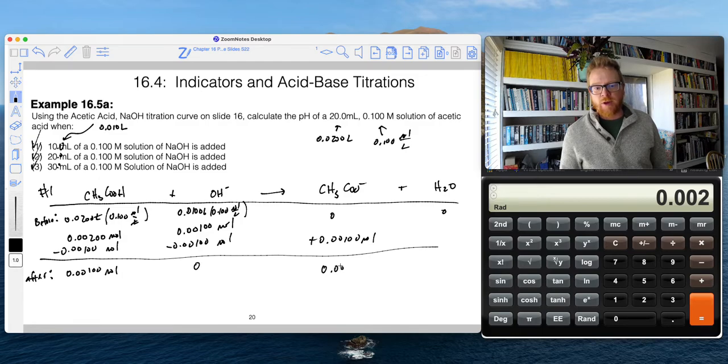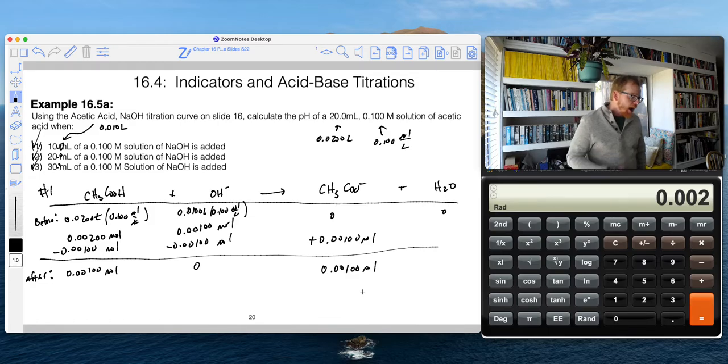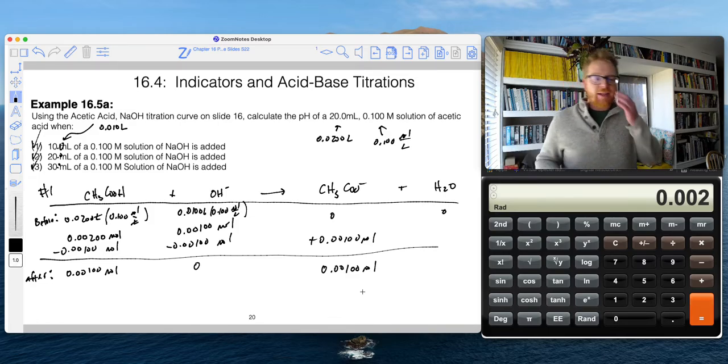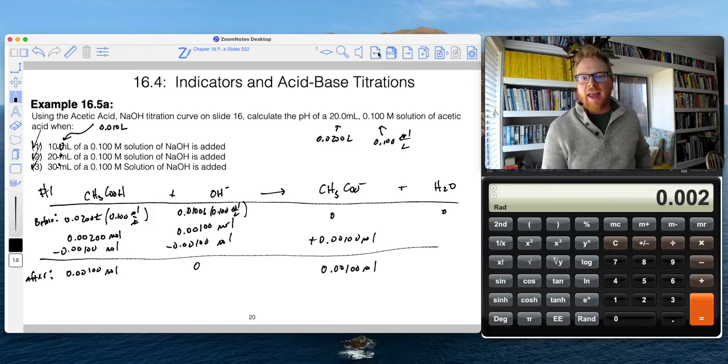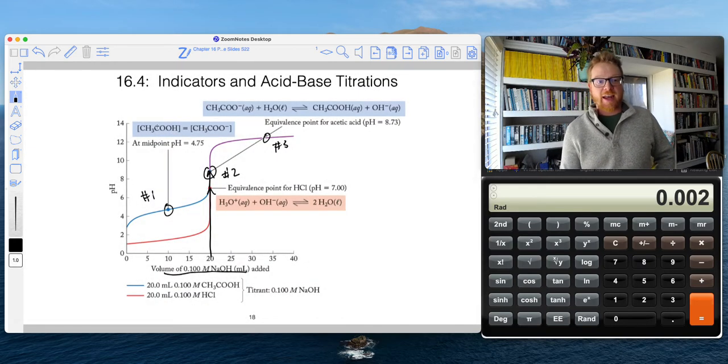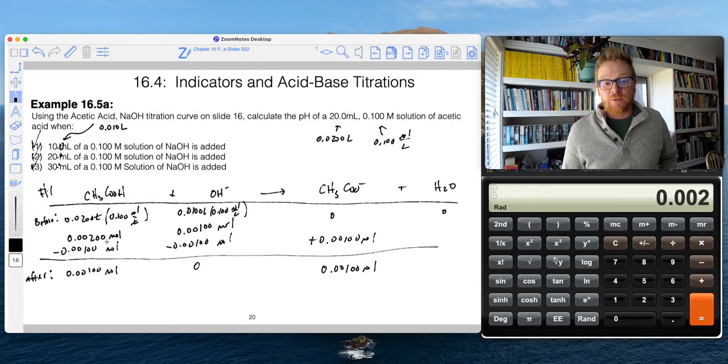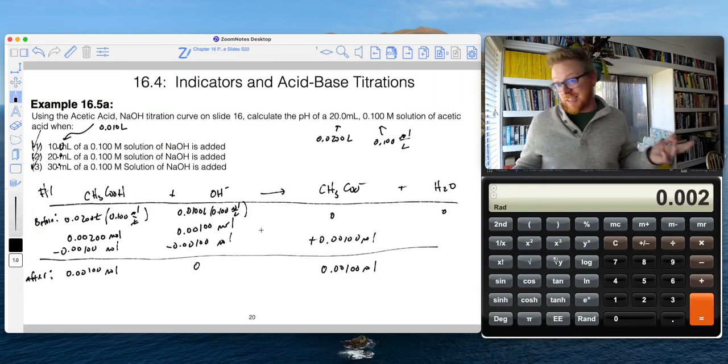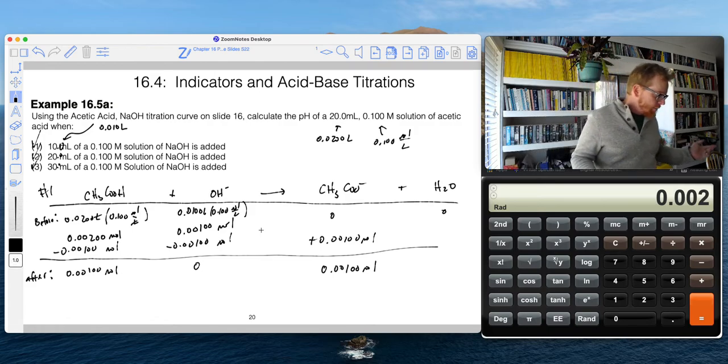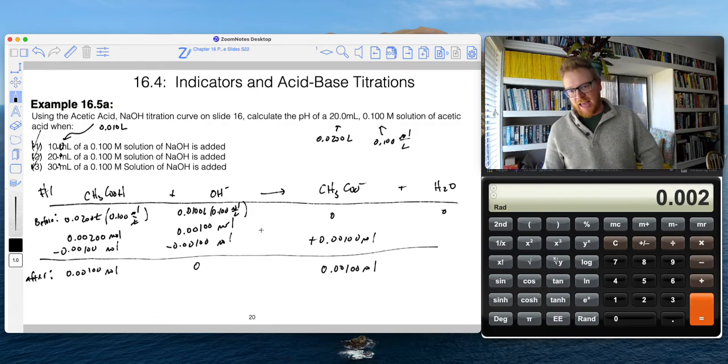So now I have 0.00100 moles of that. If we recognize automatically that the pH equals the pKa right here, we could stop and just use that information. Here it says the pH at the midpoint is 4.75. So if we recognize we're at the half equivalence point, we could just stop. But what if I didn't recognize I was at the half equivalence point and I wanted to go through this all the way?